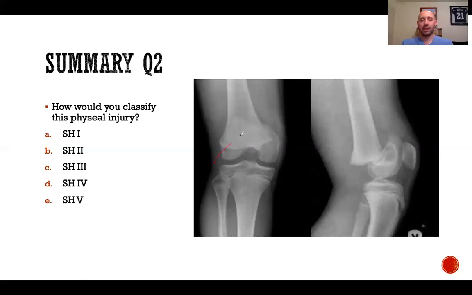The way we do that is through pins, and we cross the pins. We use smooth pins to help lessen the injury to the physis, but we cross them to give better stability, and we have to go through the physis. But if it's a Salter-Harris 2 or 3, we're staying out of the physis with any of our fixation.